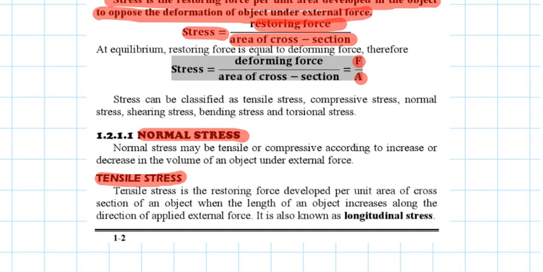Whenever we apply a longitudinal force on the object, its length will change, and whatever stress is generated inside the object is named normal stress. Whenever we stretch the material, the length of the material will increase.